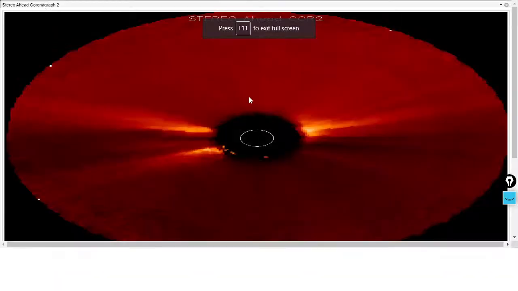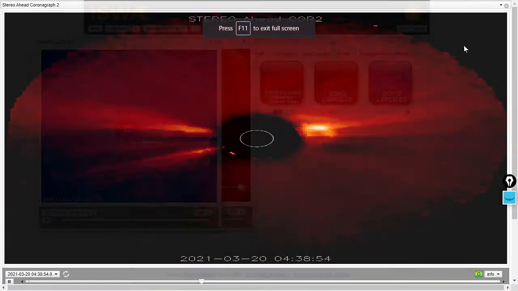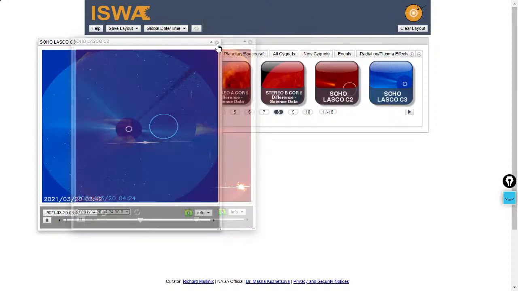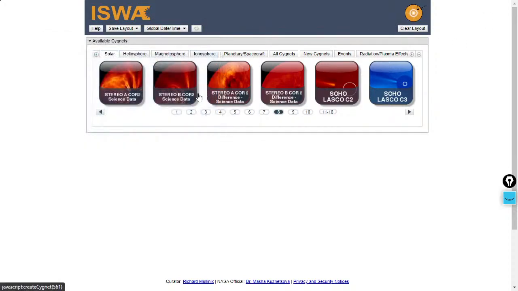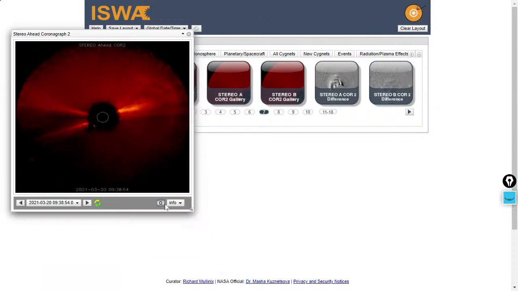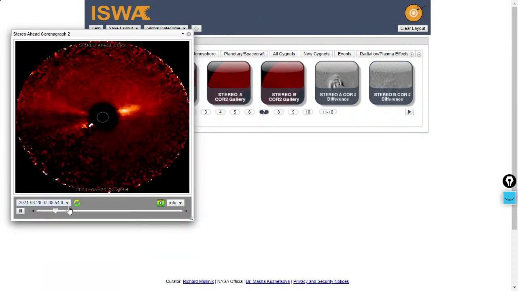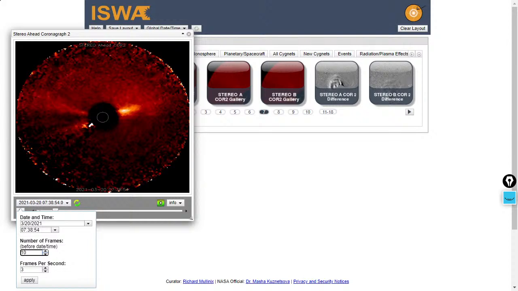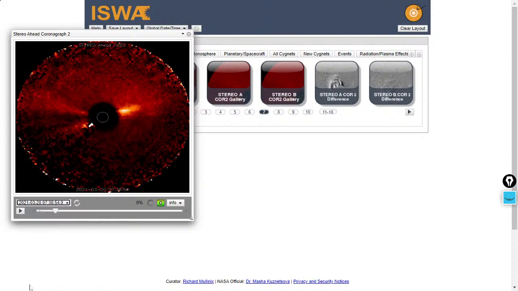And now we're going to go back to ISWA, and we're going to refresh these. So just give me a minute to pull these up to give you the most current data. So here's Stereo A first. And we're going to go back 30 frames.